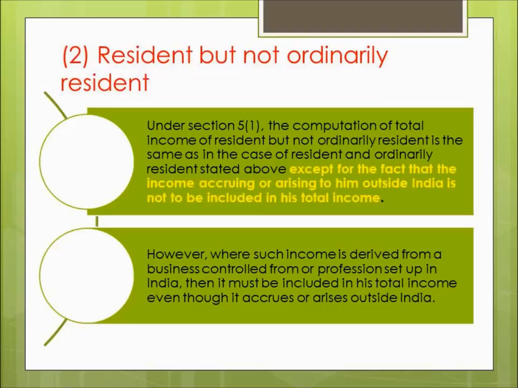This is one point we have to keep in mind: if any income is accruing outside India, but the business or professional setup from which the income is being earned is in India, then that income will be included in the total income.